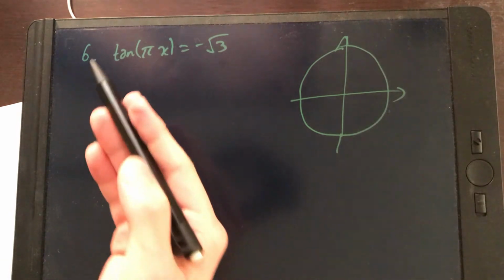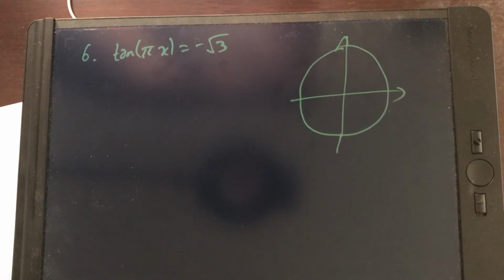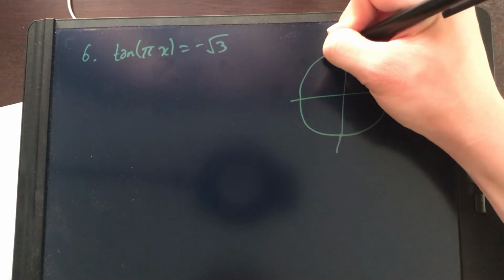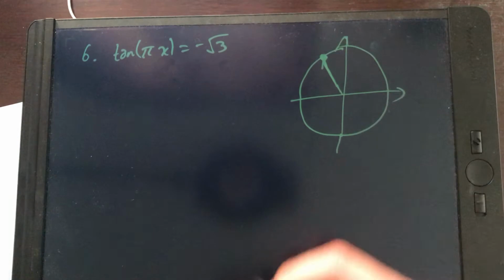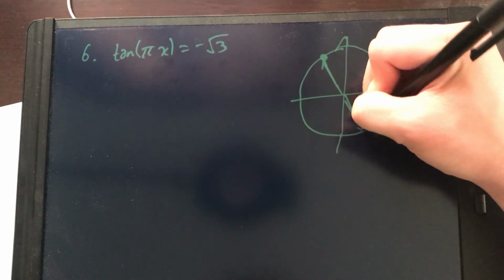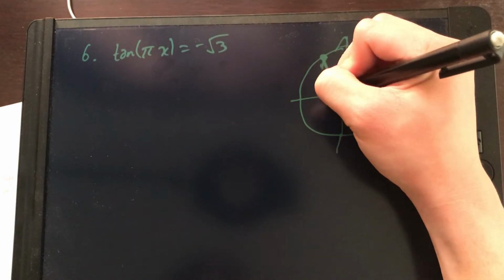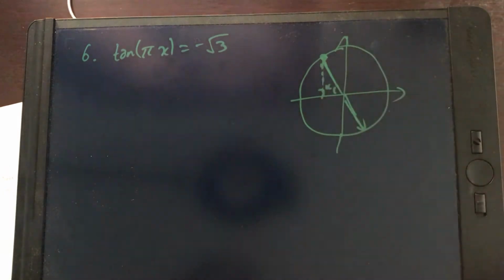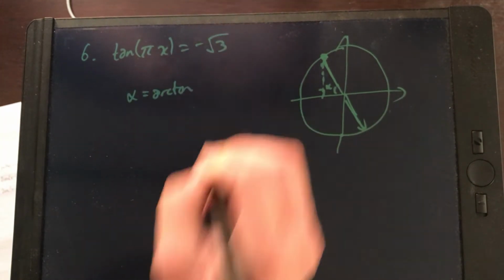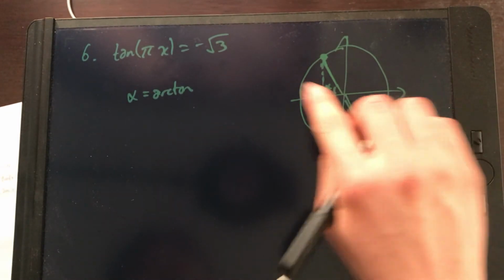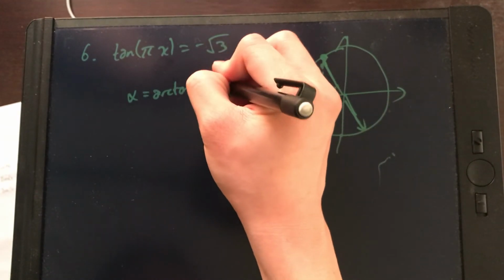I ask myself, well, tangent, when is the slope equal to negative square root 3? Perhaps around here. That would get me a slope of negative square root 3, or the other way. I can draw the reference triangle again, alpha, and alpha is just going to be inverse tangent of square root 3.